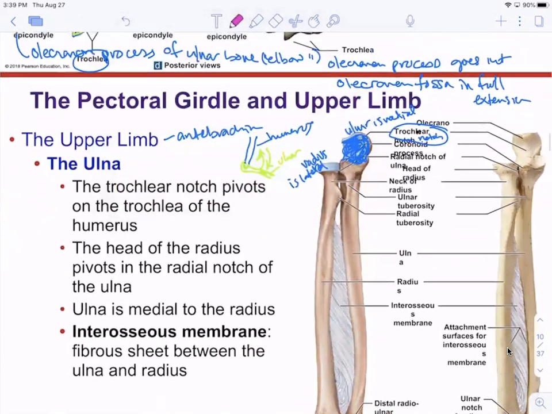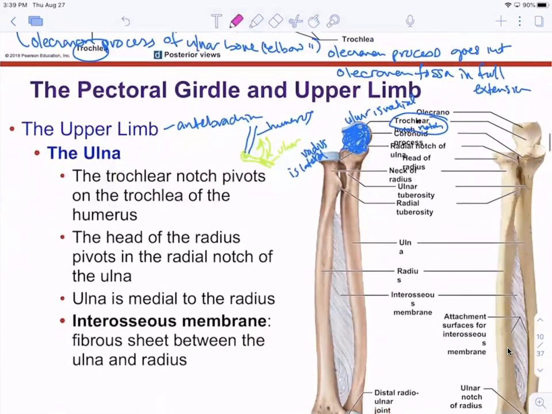So the ulnar bone has this trochlear notch, and if you're looking at an anatomical position, right? There is a process that is superior and a process that is inferior, because they both make this kind of curved notch. And so the superior lip of the trochlear notch is what we call the olecranon, right? So the olecranon forms the superior lip of the trochlear notch.